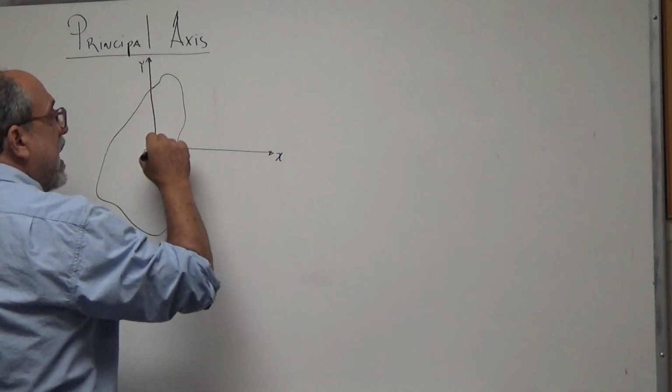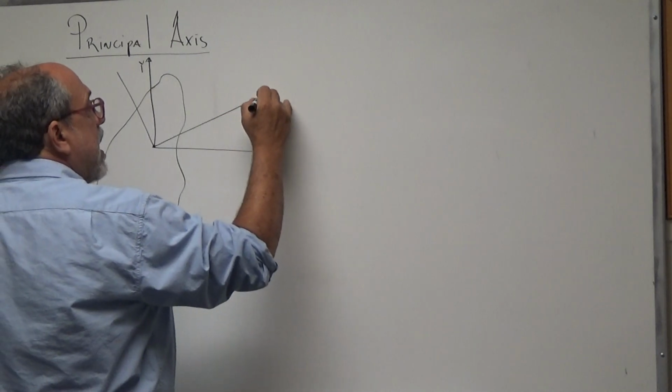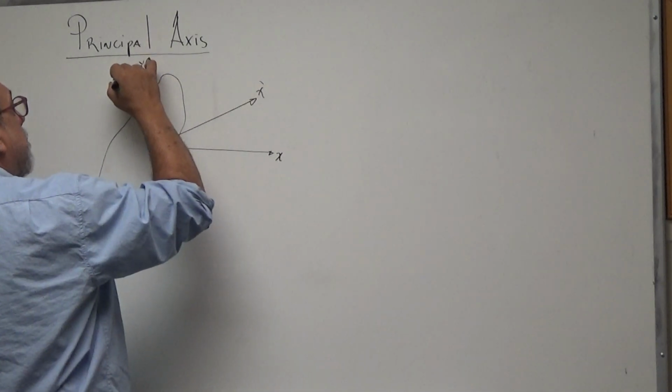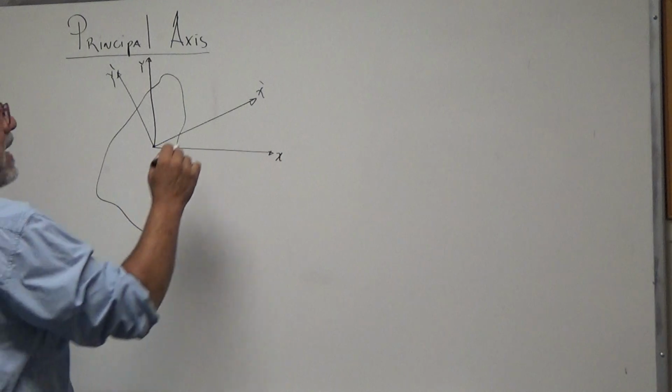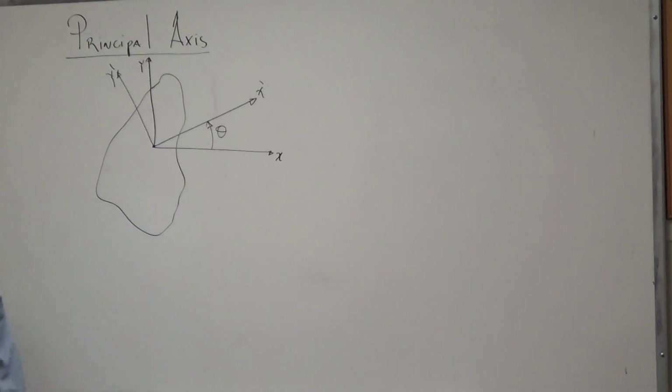And we're going to say that the principal axes happen to be rotated, and they are x prime and y prime. The rotation is an angle theta measured from the x-axis counterclockwise. So our task here is to find the formula for theta.